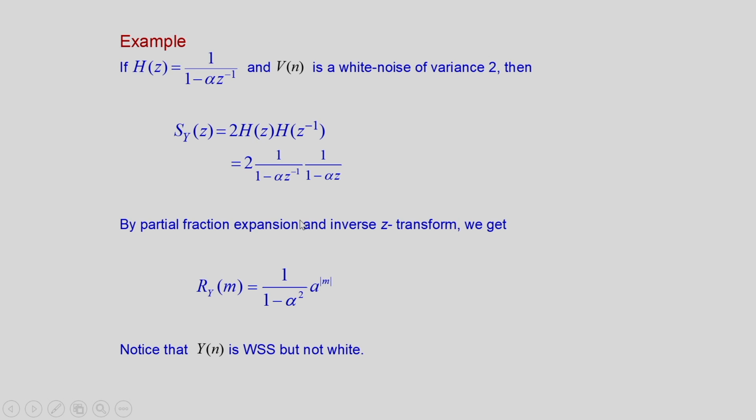We can give one example. Suppose H(z) is equal to 1 by 1 minus alpha z inverse, and Vn is a white noise of variance 2. Then Sy(z) will be sigma square, which is 2, into H(z) into H(z inverse).